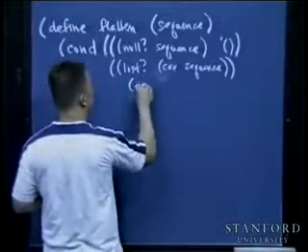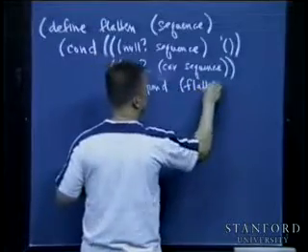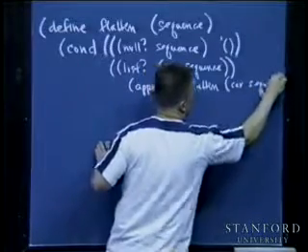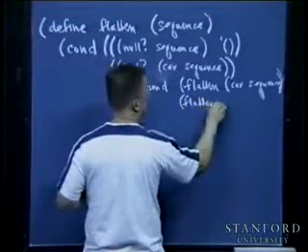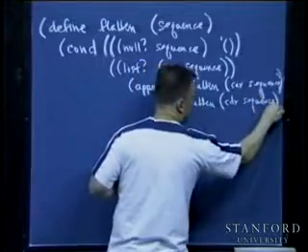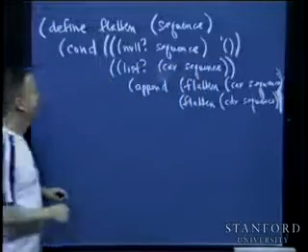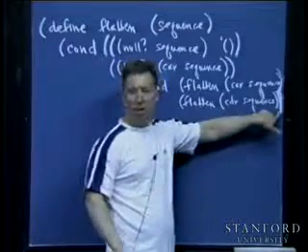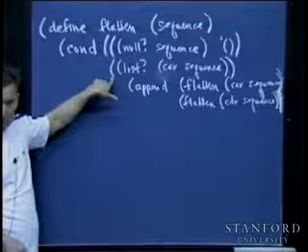So what I would do is I would call the append function on the flattening of the car of the sequence and the flattening of the cdr of the sequence. That ends the flatten, that ends the append, that ends the entire pair. Just enough parentheses have to be smushed in here to balance that paren right there. Okay.